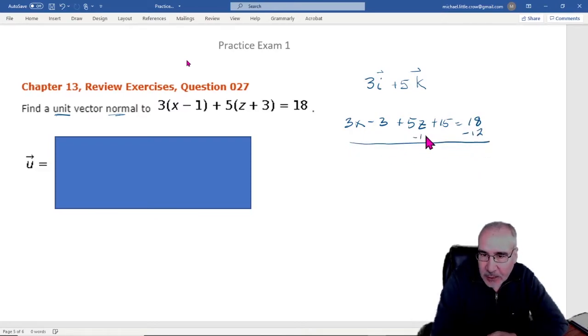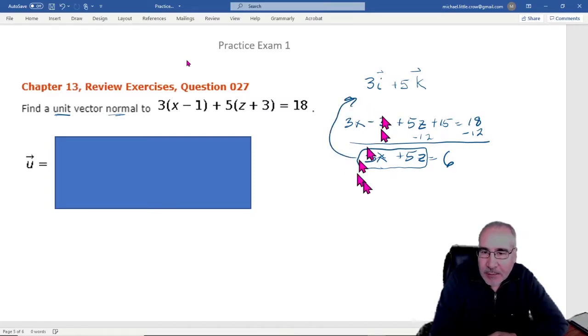I'll subtract 12 here. And the final thing we end up with is 3x plus 5z is now equal to 6.